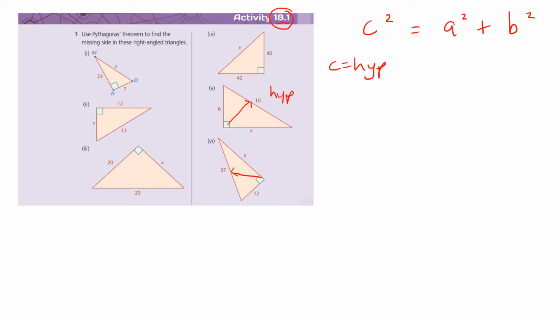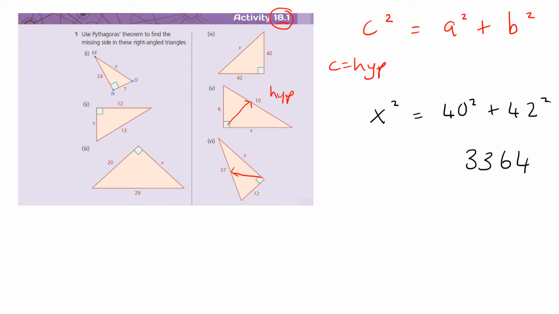So in this instance, you're asked to find x. It's the hypotenuse, so we know that that means that x squared is equal to 40 squared plus 42 squared. Okay, so you put those values into the calculator. So if you put 40 squared plus 42 squared into your calculator, you get 3364.